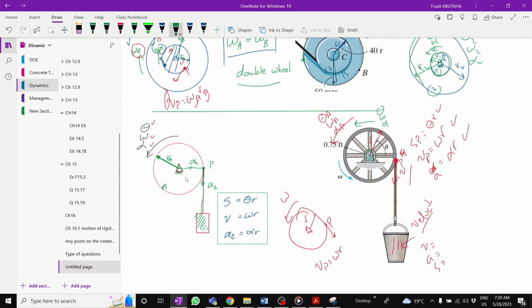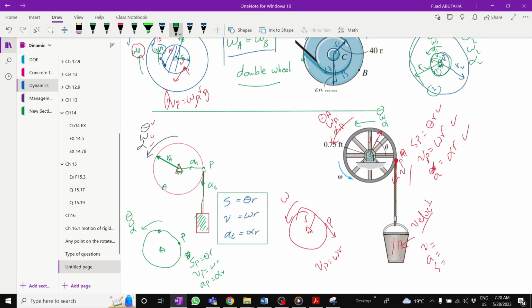What you need to know, as we mentioned before, is that if we have this disk rotating here with theta, omega, and alpha, then at any point, let's say point P, the position of P is equal to theta times r, the velocity of P will be omega times r, and the acceleration of P will be alpha times the radius.